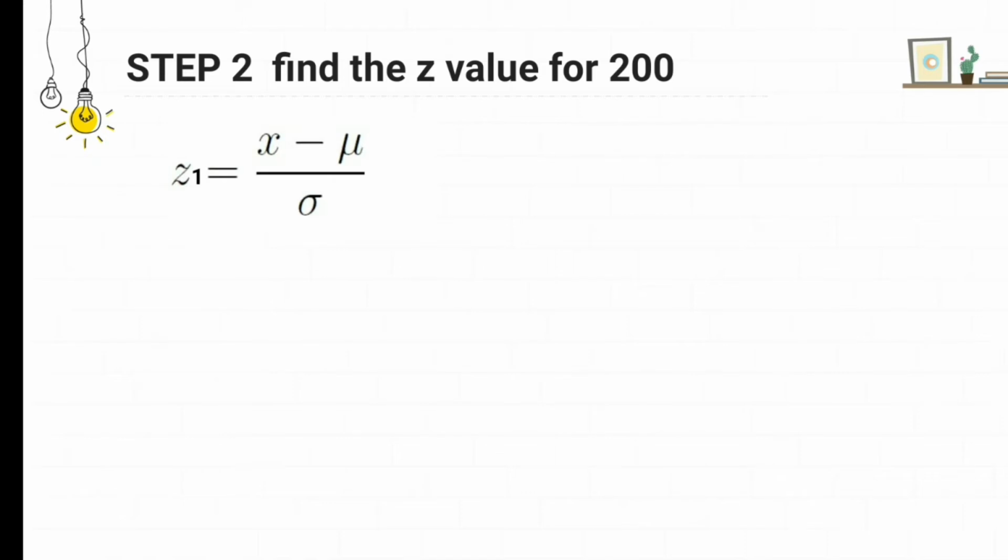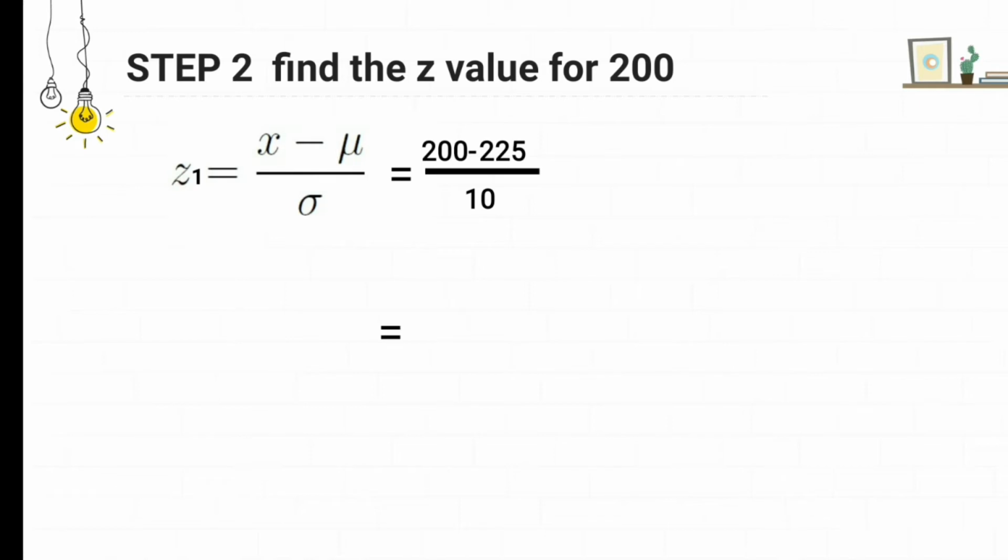Again, our formula is the score minus the mean all over the standard deviation. Our score is 200, our mean is 225, and our standard deviation is 10.